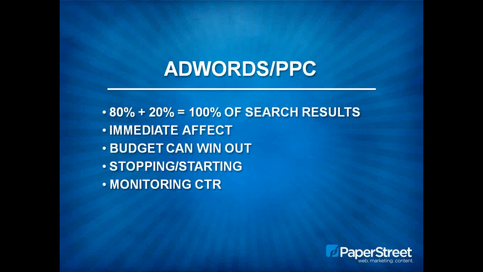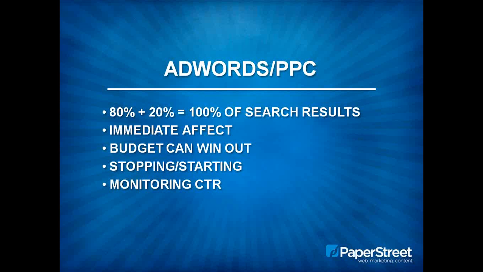The more money you can put towards an ad campaign, the more likely it is to rank higher. Every ad campaign costs money to click on it, hence the phrase pay-per-click. And the more money you can allocate for that budget, the better it can be. It has an immediate effect. You can start ranking really high. Again, budget can win out. That's ultimately what that means.